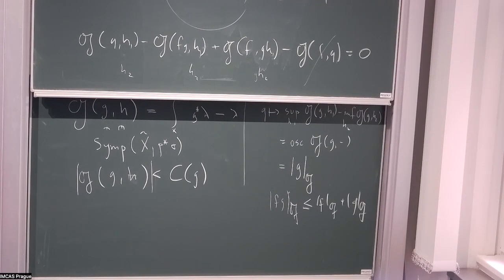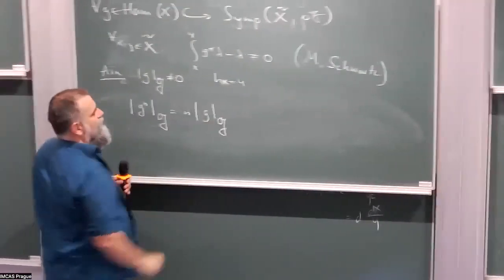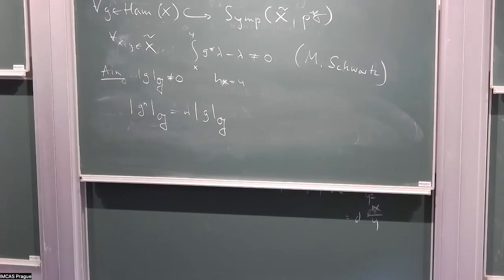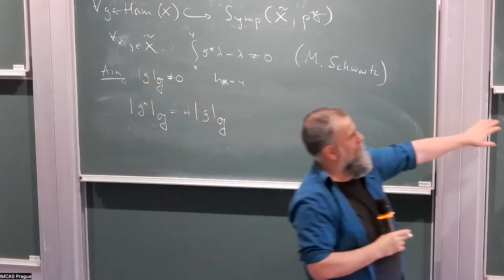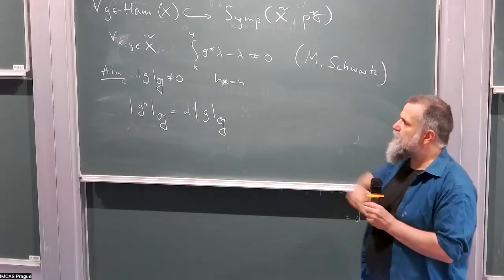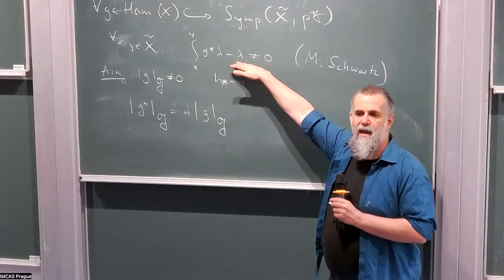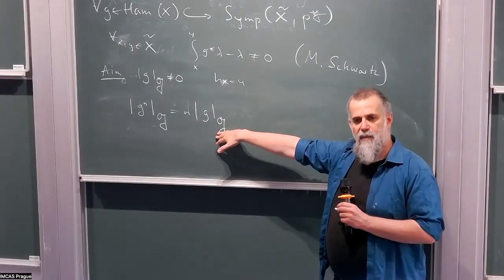You just use the cocycle identity and you show that actually this guy is equal to n times g, with one caveat. The caveat is that I define this g with the help of some x. Then I told you that Matthias Schwarz gives me an x. So this is a statement which is true for a particular x.